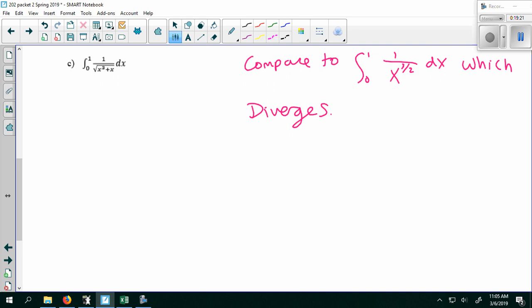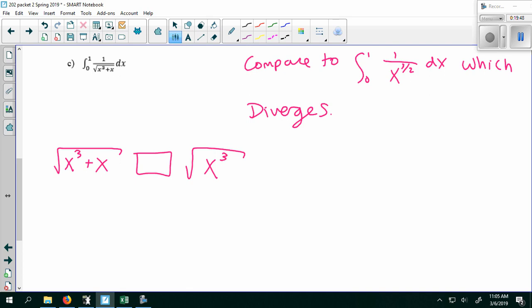Okay, so now I need to compare my integrand to the comparison integrand. So 1 over the square root of x cubed plus x compared to 1 over the square root of x cubed. Let's look at the square root of x cubed plus x compared to the square root of x cubed.